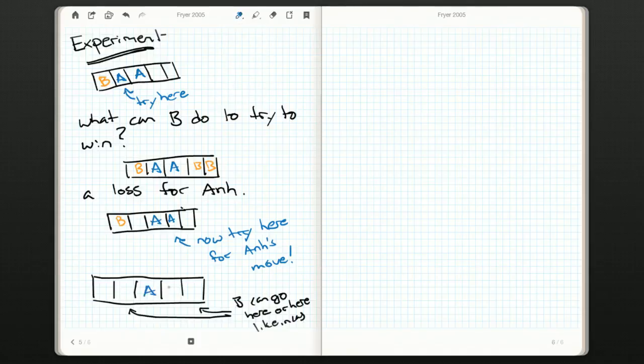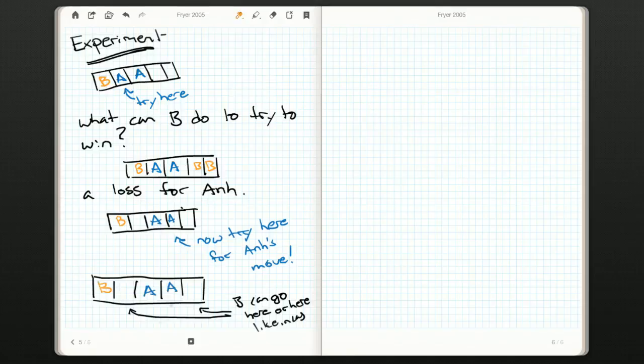So what do we got? Well, these two A's here are filled, and the B on the left was already filled in. So there's only really two spots that B can go. There's no double adjacent place, so he can't fill in two at once like he did up here to win.